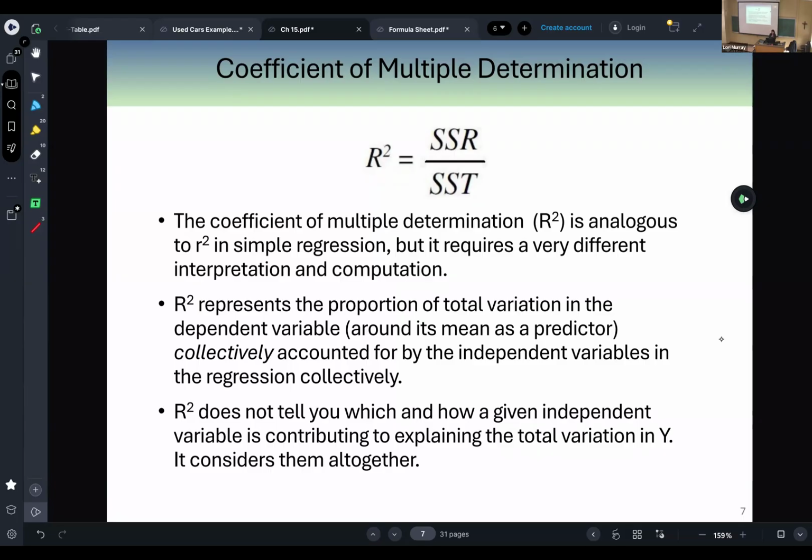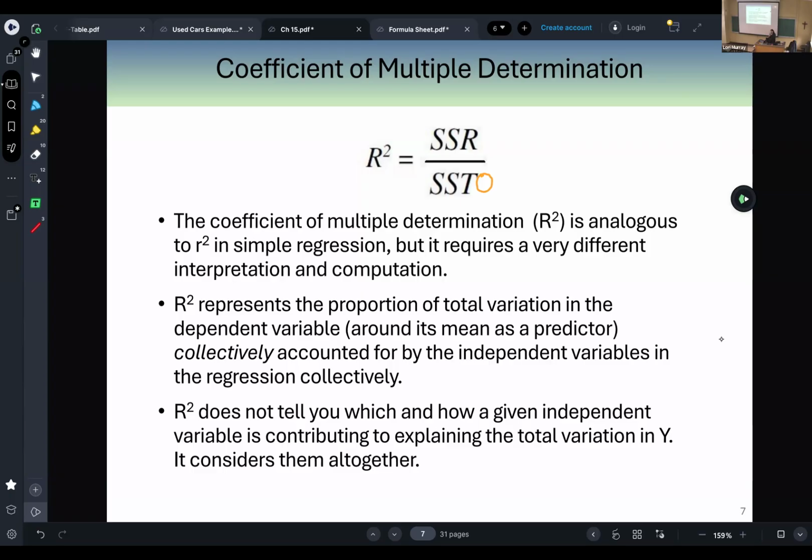And you can see the textbook has an O there, but just know SST is the same as SSTO, the total. Some textbooks just have SST for total. Just think of it as a proportion. You take the sum of the squares of the regression, that's the variability around the model, and divide by the total variance.